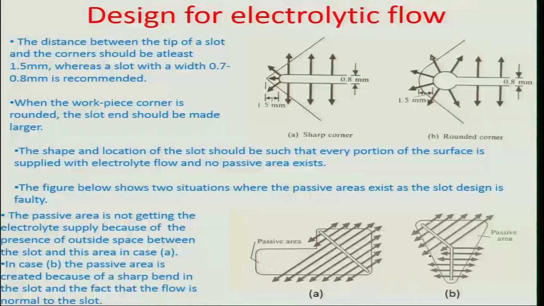So there are several designs that have been illustrated here. You can see this design A as well as design B, and what one can find out is that there are many aspects of both the designs here. One is that the tool is also getting eroded during the ECM process.